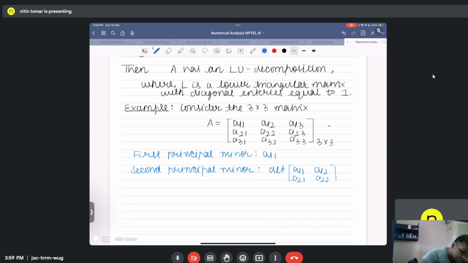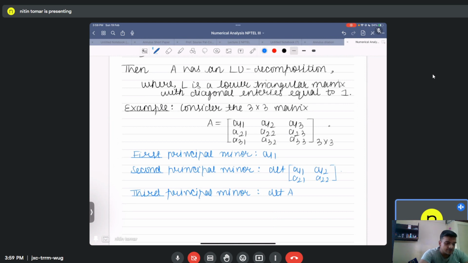And you know the third principal minor also, right? The third principal minor is actually the determinant of A.